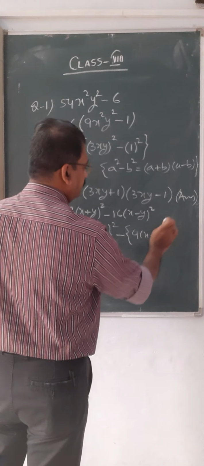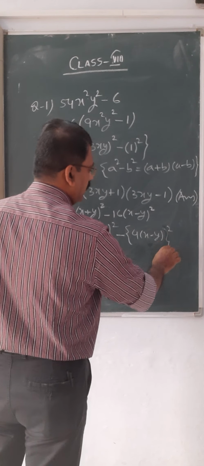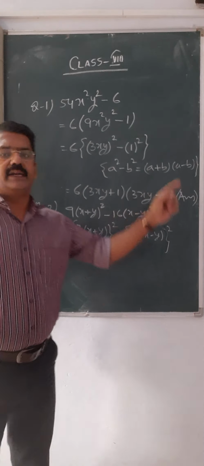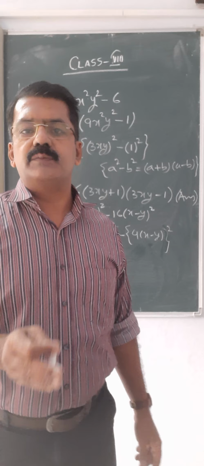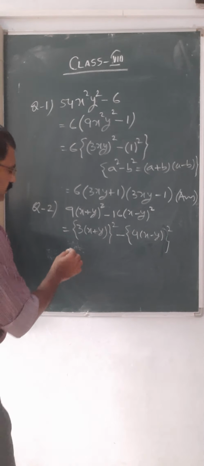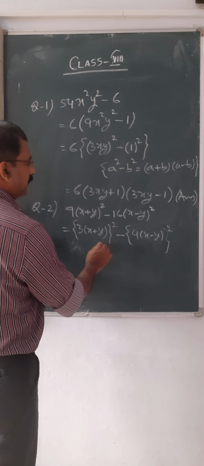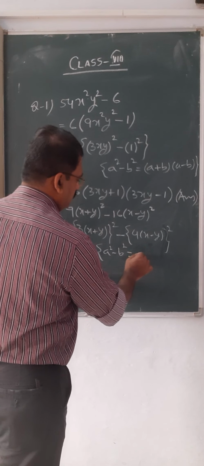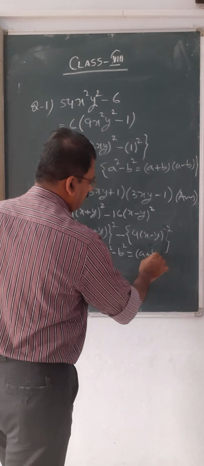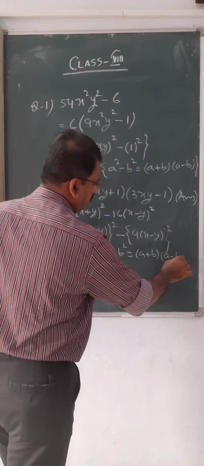Now once again, we are going to apply the same identity, that is a square minus b square is equal to a plus b into a minus b.